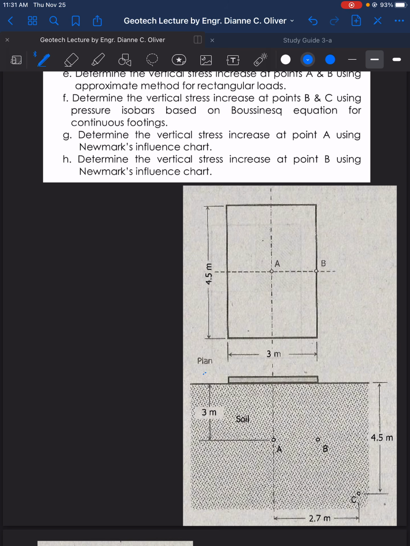Then in the soil profile, we have the depth of point A, so point A and point B, and we have also the depth of point C. The location of point C is 2.7 meters from the center of the concrete slab, and the location of point B is just at the corner, or the side, of the concrete slab.